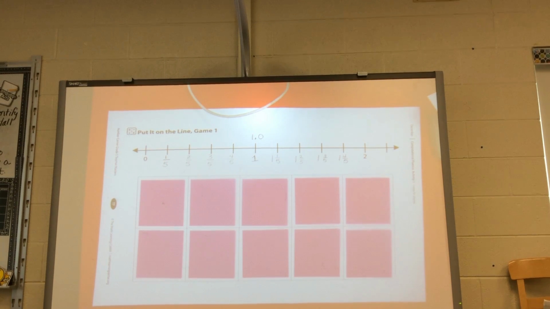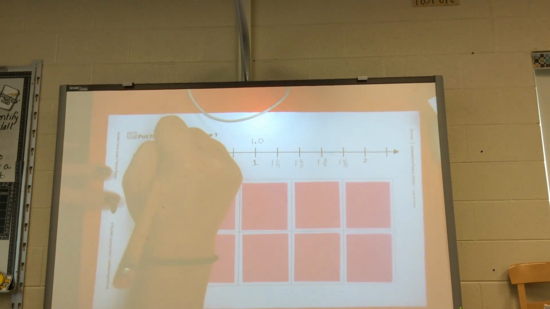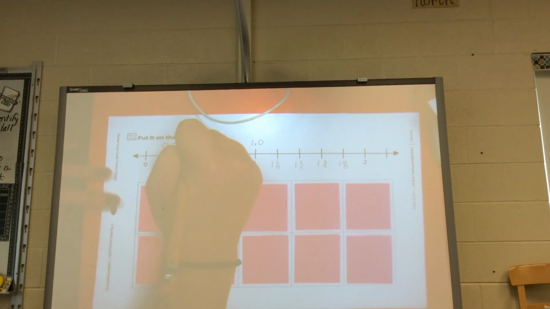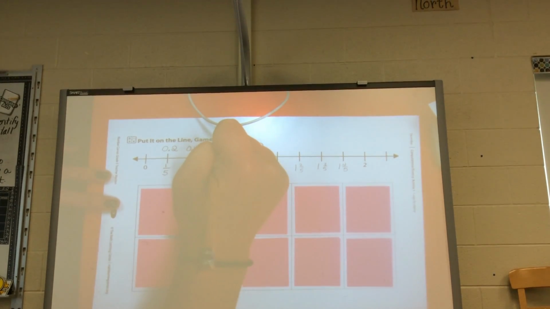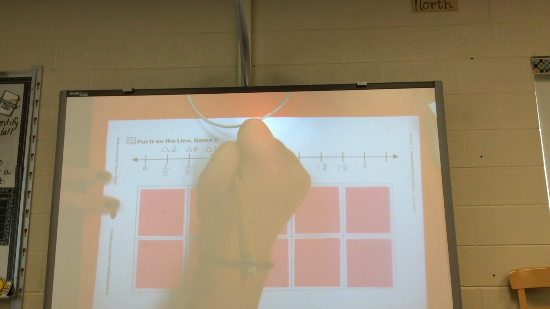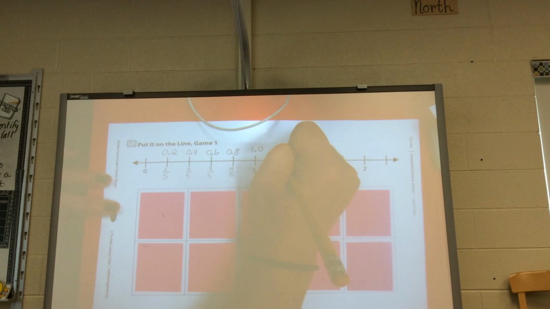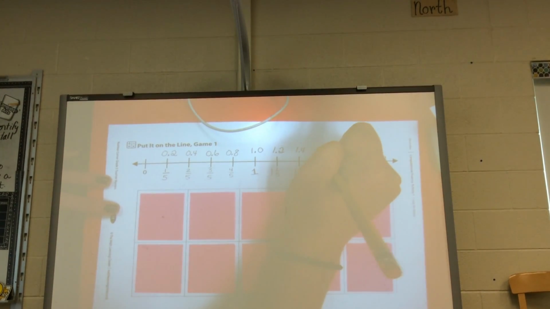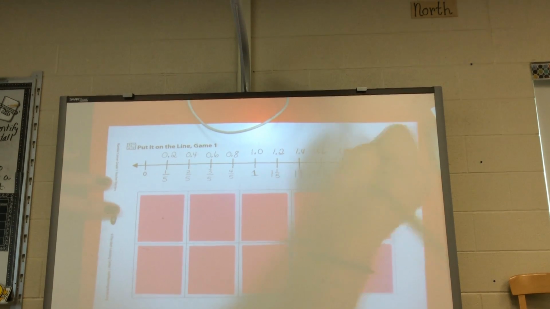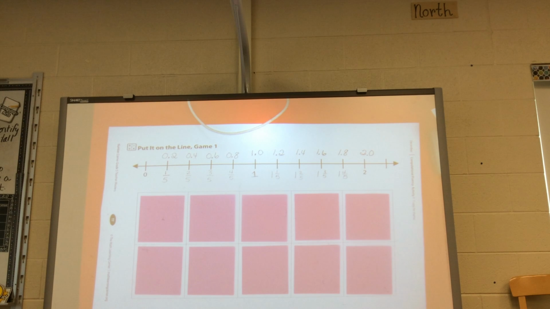What is it? 2/10, right? So if this is 2/10, this would be 4/10. Then we have 6/10, 8/10, and a whole. This is 1 and 2/10, 1 and 4/10, 1 and 6/10, 1 and 8/10, and 2. Okay, now we're ready to play.